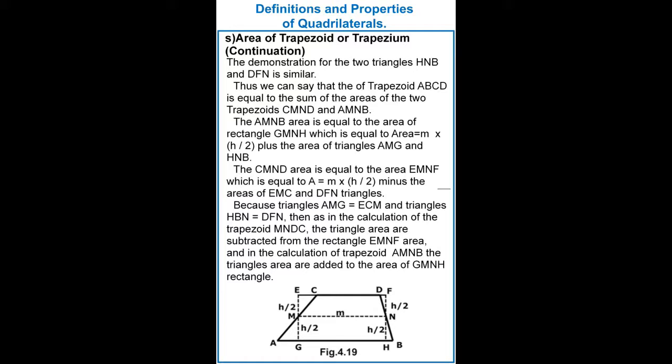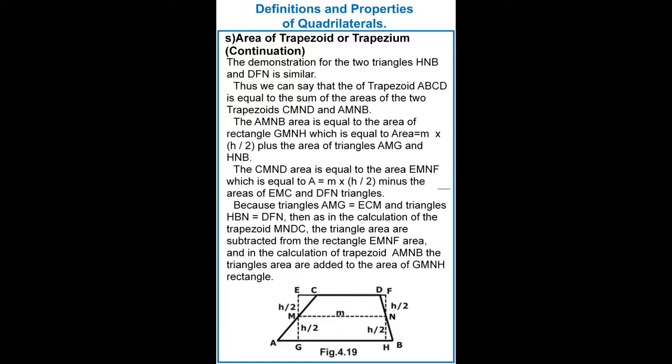The area of the quadrilateral CMND is equal to the area of the rectangle EMNF, which is equal to the dimension of the straight line segment M multiplied by the dimension of the line segment H divided by 2, minus the areas of the triangles EMC and DFN.